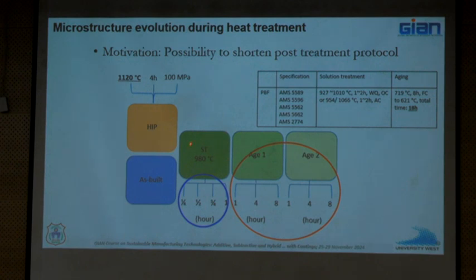For example, the solution treatment, 1 to 2 hours is specified, but let's see what happens after 15 minutes, half an hour, at various intervals, even for aging. Let's look at 1, 4, and 8 hours and see if it makes sense for us to stop any of these treatments at some level, thinking that we have already accomplished what was meant to be accomplished as per this standard. So that was the motivation.